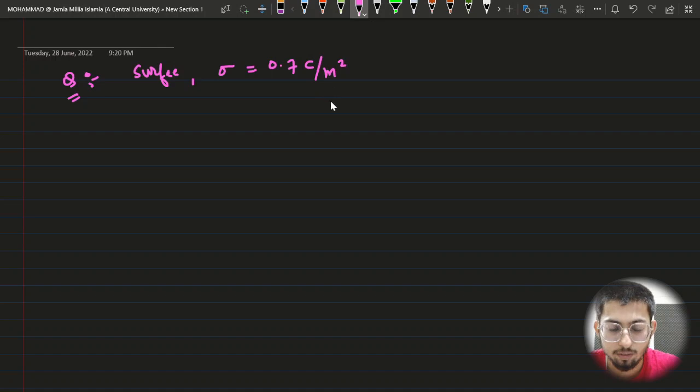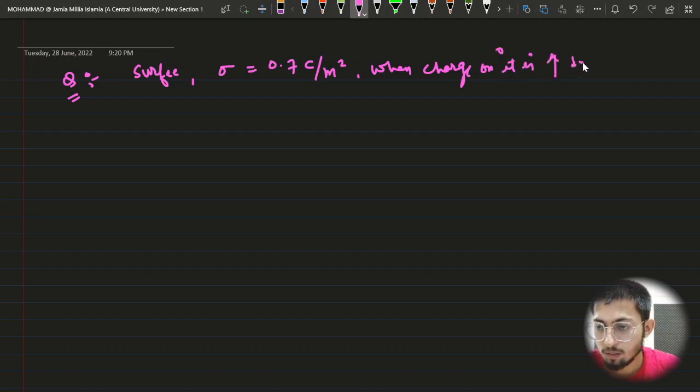When the charge on it is increased by 0.44 coulombs, what happens?